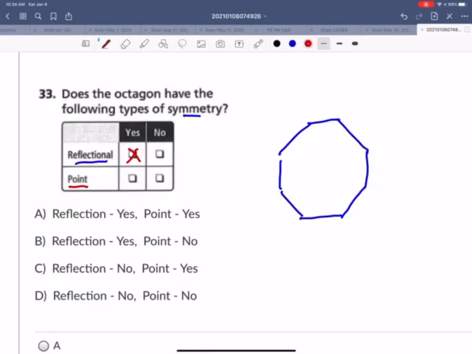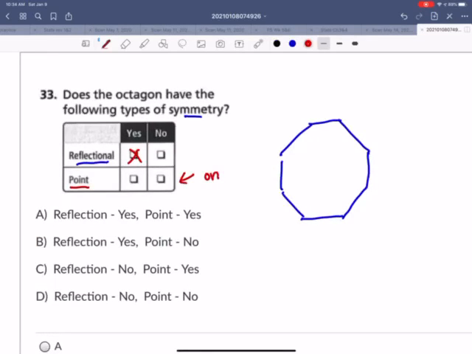Point symmetry means its smallest angle of rotation is 180, meaning it won't look like Z. It doesn't look the same sideways.